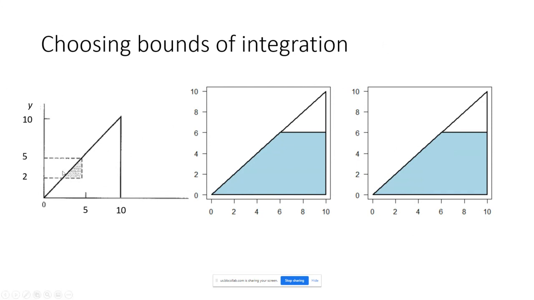So here we've got this image of our region, and we want to think about drawing a sample rectangle in this region. So for example, we could draw a sample vertical rectangle, this red line, that is starting at y equals 2 and going up to the line y equals x.